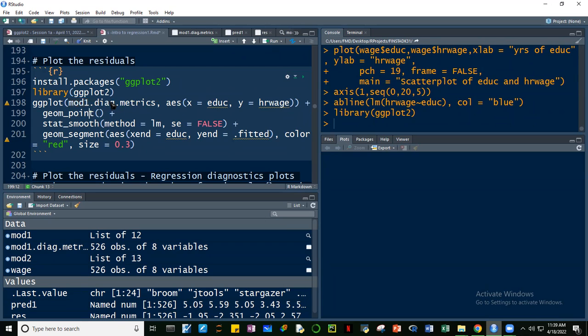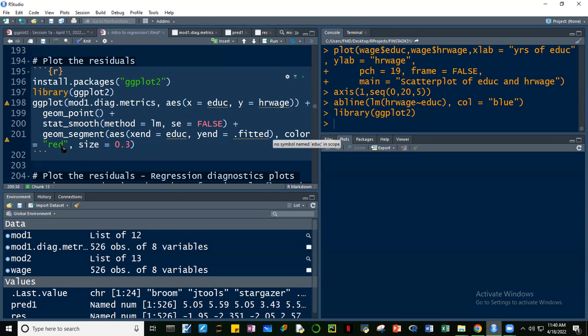Here, the data we use is what we generated from the broom package, and we take the x-axis, the independent variable, education, and the y-axis, the dependent variable, hourly wage, plus geom_point. The geom_point is the scatter plot, and then another layer, stat_smooth with method lm and se equal to FALSE, so it won't plot the standard error.